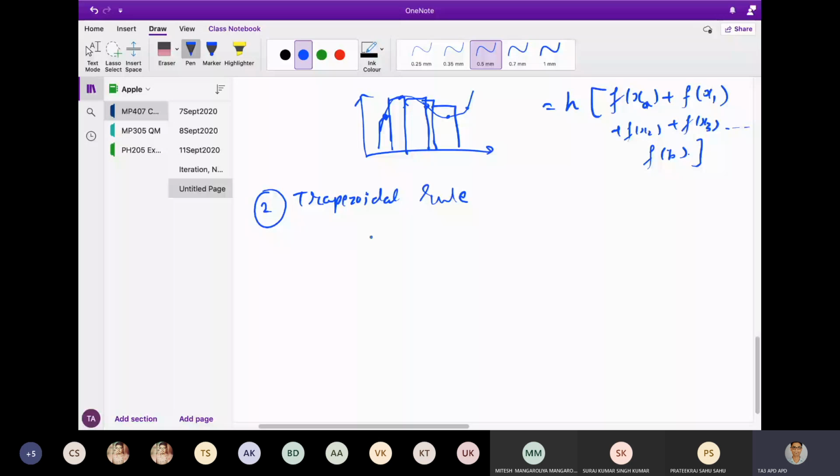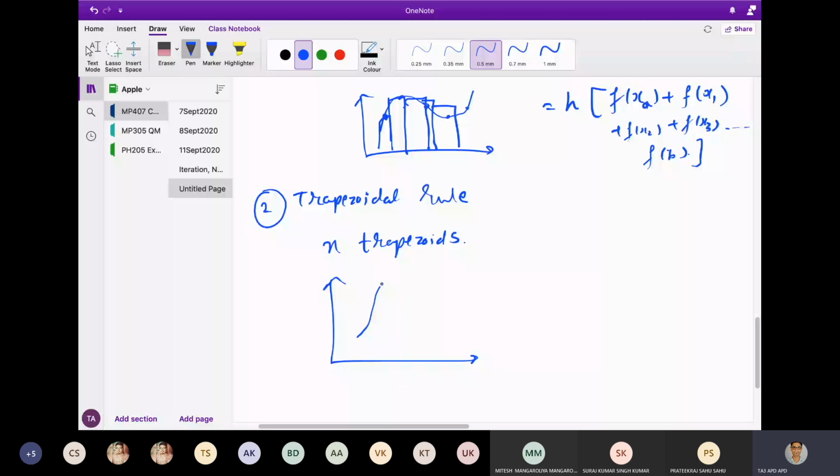So the trapezoidal rule is again a similar thing. Here we take the area under the curve, which is approximated by n trapezoids. Which means you have the curve and we take an average between two data points. Let's say these are the steps in which you are dividing, h equal to (b minus a) over n, where n is the number of steps.